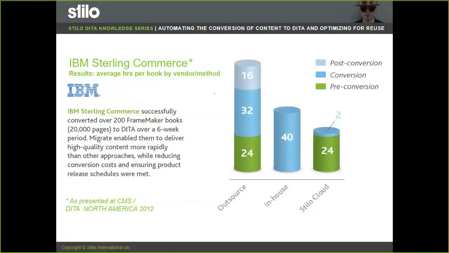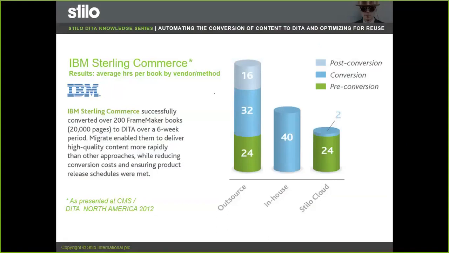So that's with their outsourcing conversion partner. This project was converting a couple of hundred FrameMaker books, 20,000 pages to DITA over a 6-week period. So basically, they've been using an outsourcing provider. You see that they've been spending on average 24 hours per document in pre-conversion work, and then 32 hours per document actually converting, and then 16 cleaning up post-conversion.